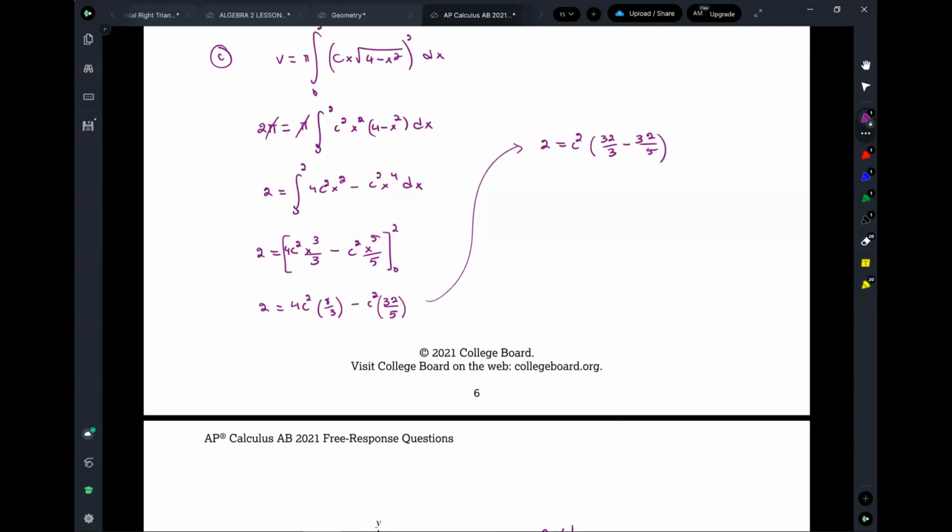No, it's 4c squared. It was always a 4. It's 4c squared times x cubed over 3. It's a constant, you don't integrate it. So this is, I believe, 64 over 15, right? I think so.